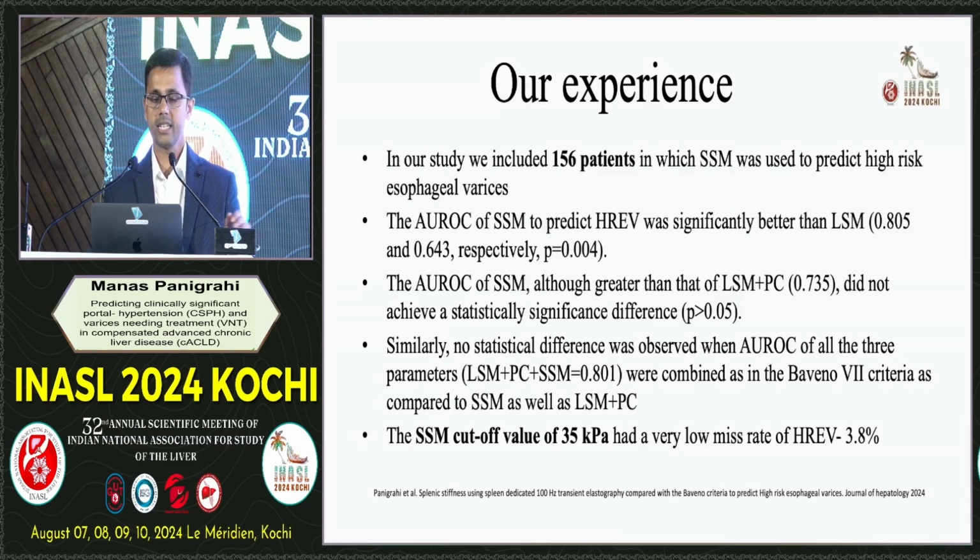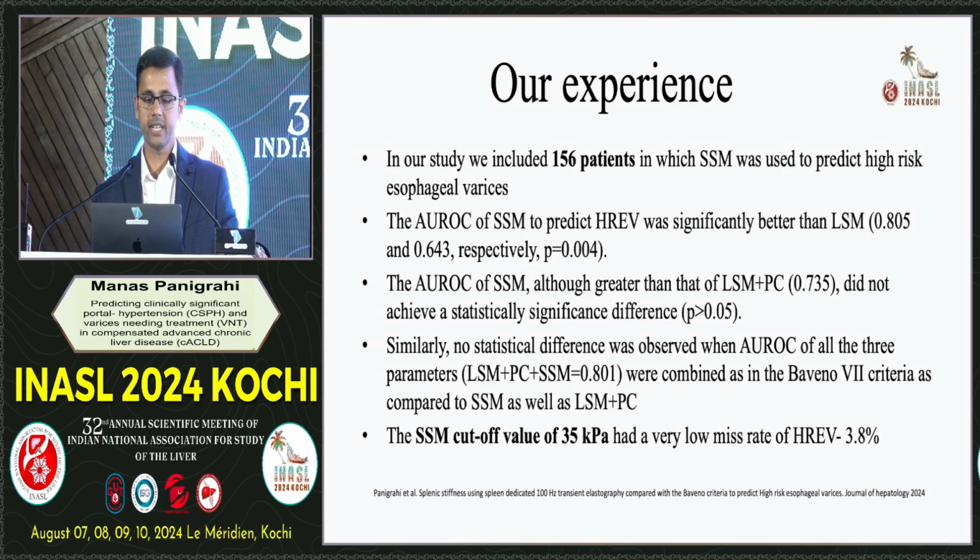This is our experience. My resident has published, and presented this paper this year at EASL. In our study, we have seen 156 patients in whom SSM was used to predict high risk varices, and it has a very good correlation and high AUROC value and is better than LSM. And it is comparable with LSM plus platelet count plus SSM also.